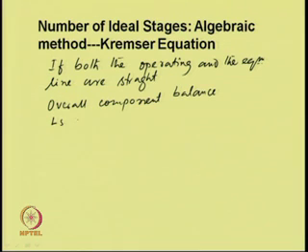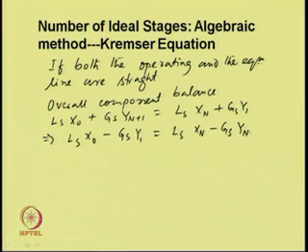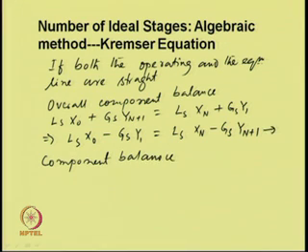That is L s x naught plus G s y n plus 1 is equal to L s x n plus G s y 1, and from this we can write L s x naught minus G s y 1 will be equal to L s x n minus G s y n plus 1. Say this is equation 1.